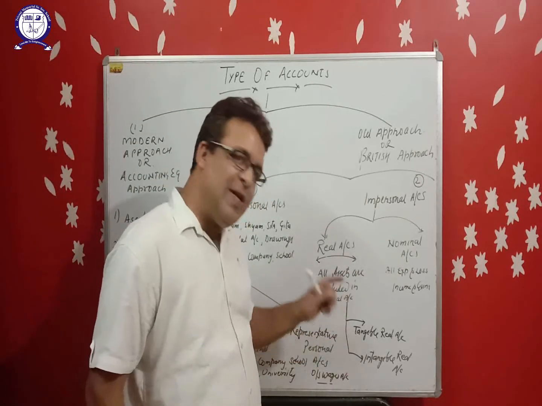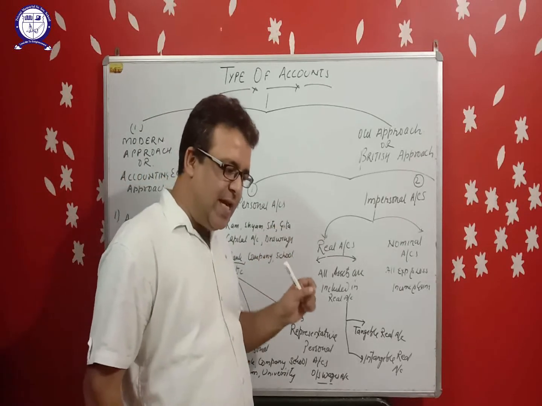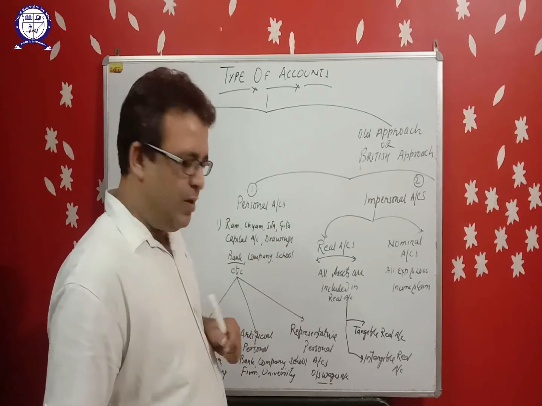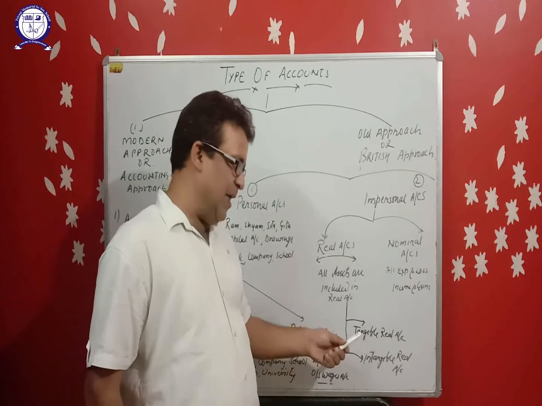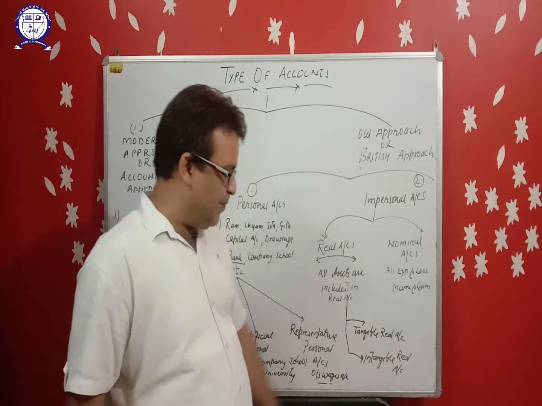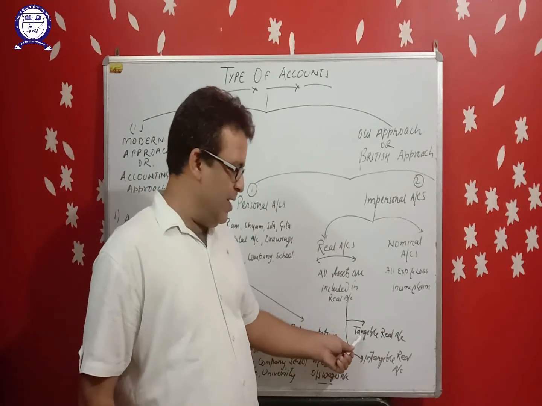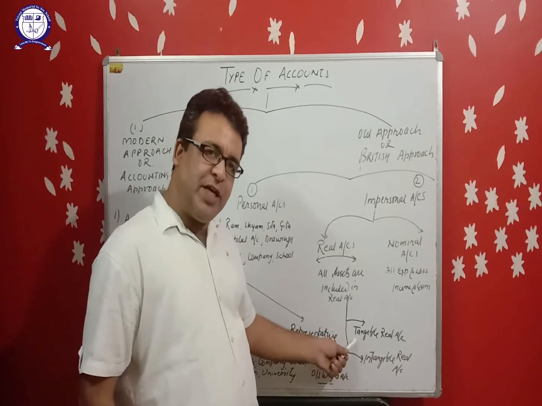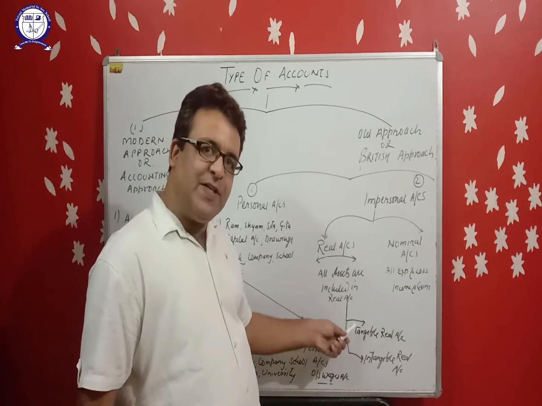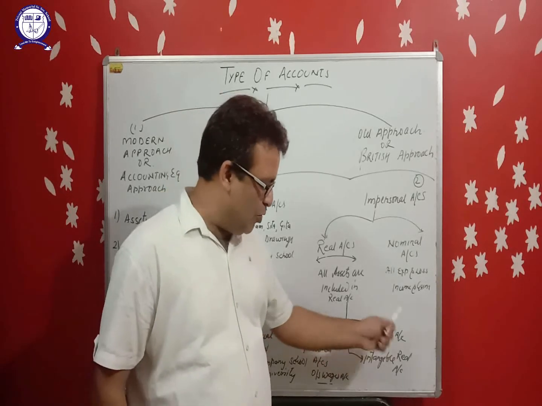What do you mean by tangible assets? Tangible assets are those assets which can be seen and touched, which have physical existence. So the accounts of tangible assets are included in tangible real accounts. For example, cash, land and building, plant and machinery, furniture. These all assets can be touched and have physical existence, so their accounts will be counted in tangible real accounts.